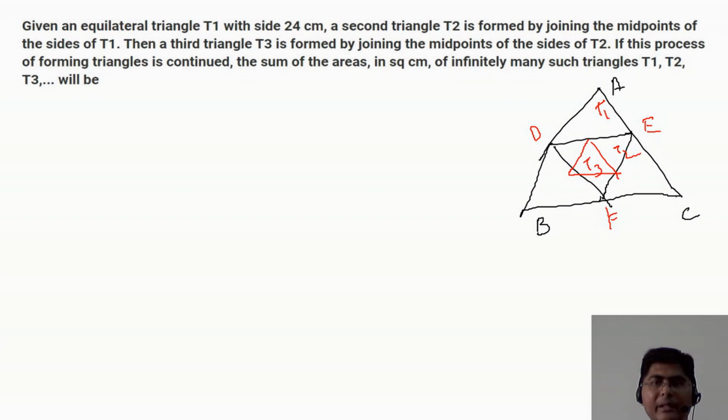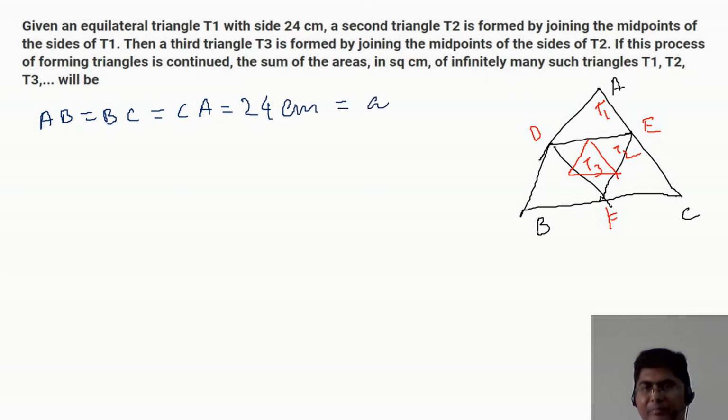It will be 24 centimeter. So I'm just writing down AB equals BC equals CA equals 24 centimeter equals a. Let's assume a, because I am not putting this value from the beginning, otherwise it will be complicated for calculations, right?